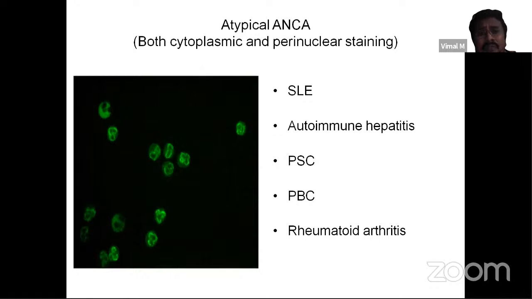Such atypical ANCA are seen in conditions like systemic lupus erythematosus, autoimmune hepatitis, PSC, primary sclerosing cholangitis, and PBC, primary biliary cirrhosis, in addition to rheumatoid arthritis. In all these conditions you will get this atypical ANCA, that is both cytoplasmic and perinuclear staining.